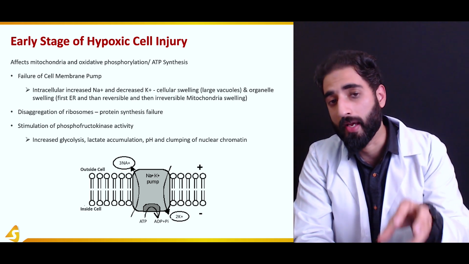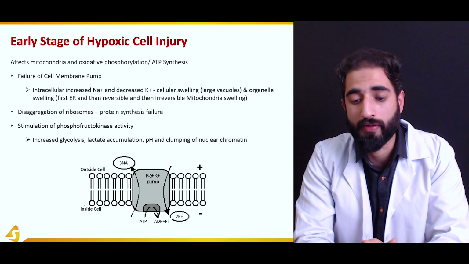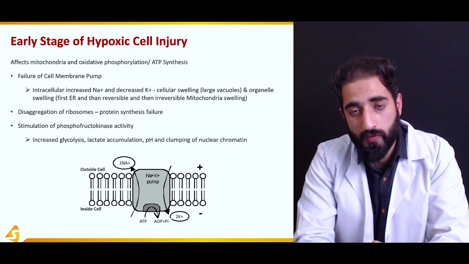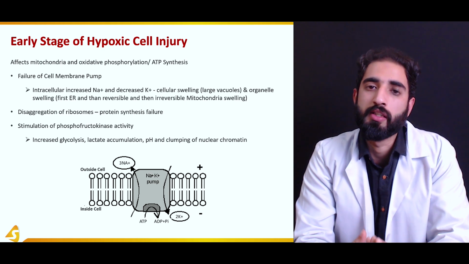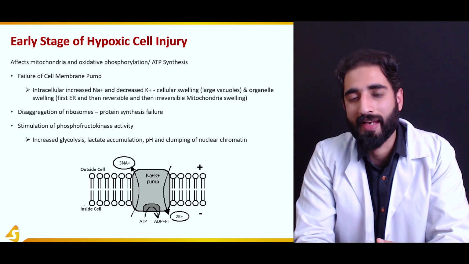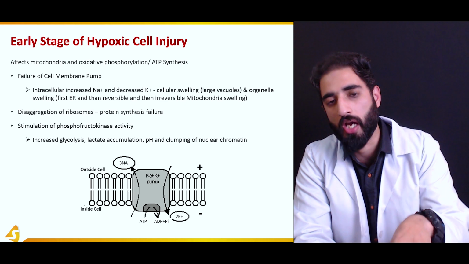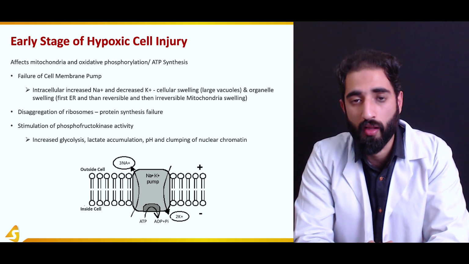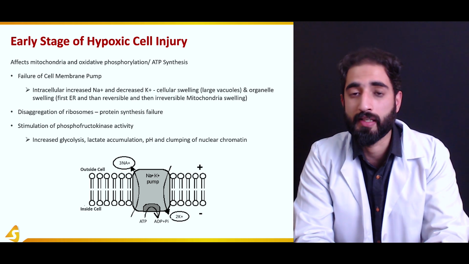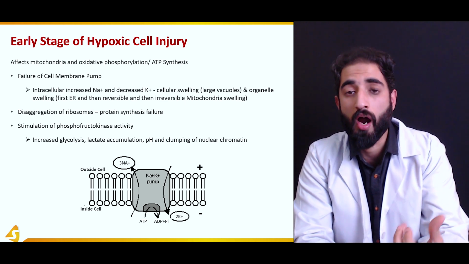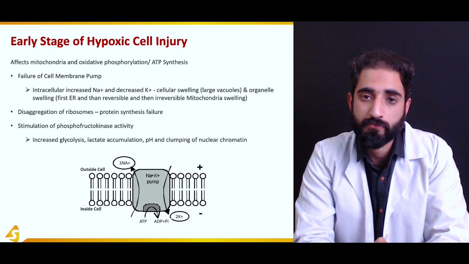And when this pump cannot operate because of the absence of adenosine triphosphate, or energy, then an intracellular increase in sodium occurs, and there is a decrease in the potassium level in the cell as well, which results in cellular swelling, characterized by large vacuoles in the cell.